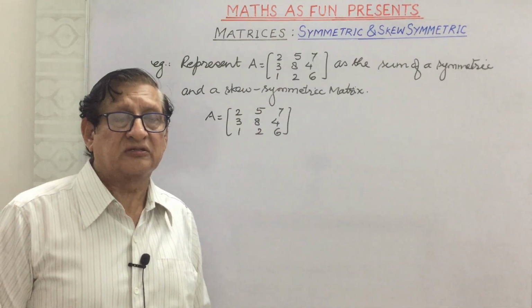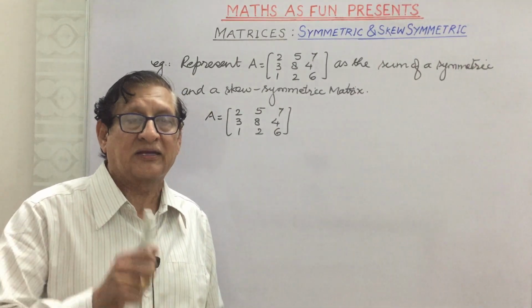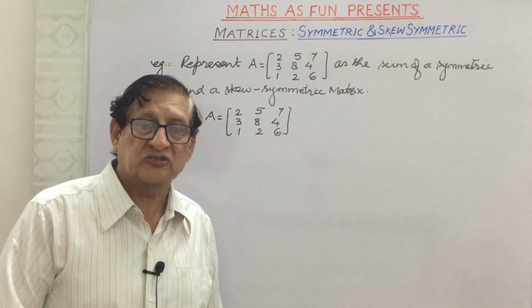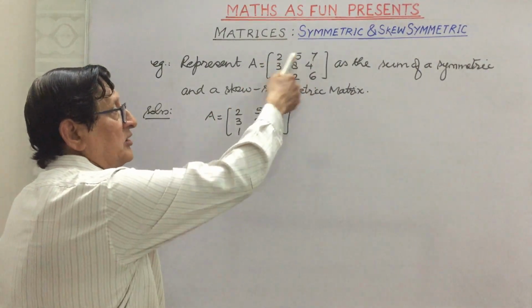And let's take one example based on the third property, that is representing a matrix as the sum of a symmetric and skew symmetric matrix. And here it is, A is a matrix given to us.